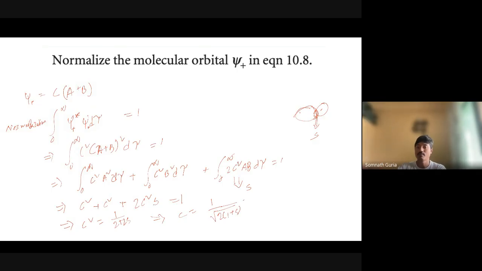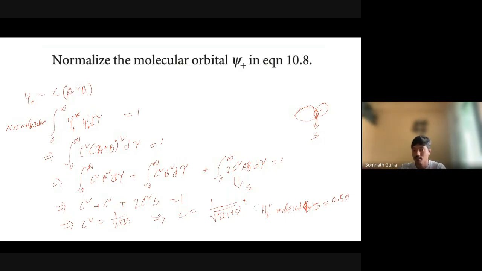Okay, now we have the value of S for the H2 plus molecule, S equals 0.59. If it is 0.59, what will be my C value?